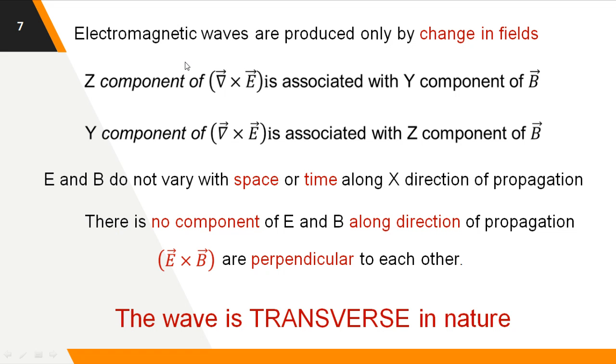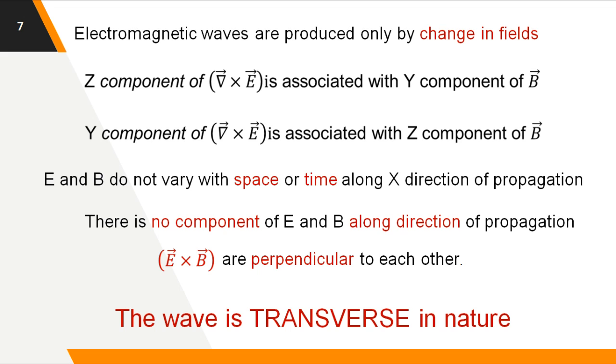Okay. So in general you can conclude this: the electromagnetic waves are produced only by means of the change in the fields. That is the first. The Z component of del cross E is associated with the Y component of the B, and the reverse of this, look at Y component of the del cross E is associated with Z component of the B. So this we observed in the third component of equation 3 and the second component of equation 4.